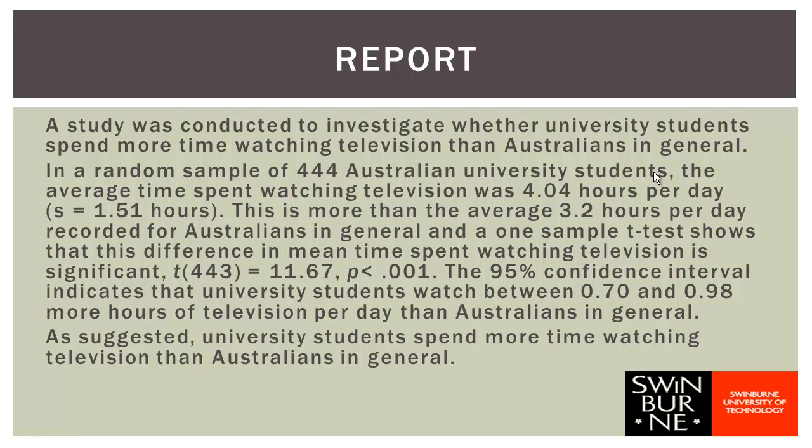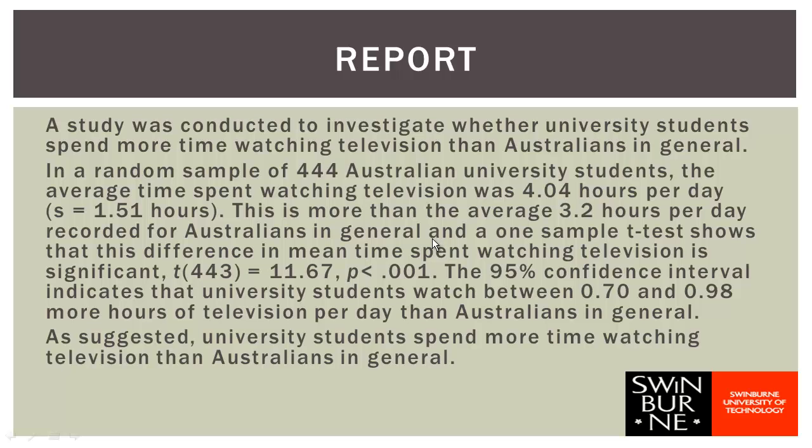Then we give some information about the mean and standard deviation in the sample. The average time spent watching television was 4.04 hours per day, with a standard deviation of 1.51 hours. And we compare that to the reference figure that we've got. This is more than the average 3.2 hours per day recorded for Australians in general.